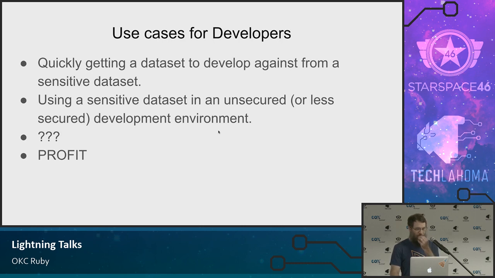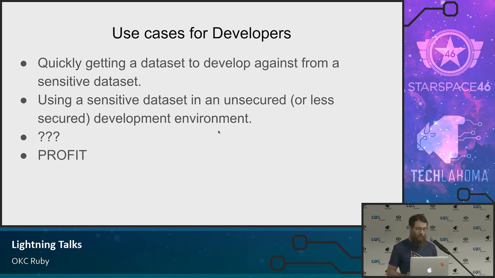So some use cases for developers: being able to quickly get a data set to develop against from a sensitive or production data set rather than having to mock your own data set. Using a sensitive data set in an unsecured or less secured development environment. That's something you often run into when you're starting a project and you haven't yet gotten to all the security aspects of it.